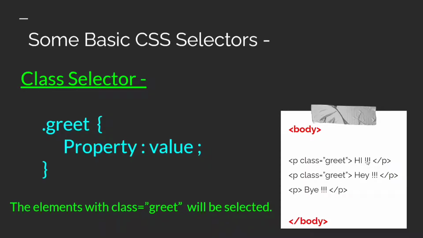So, for example, hi and hey will be affected by the style and not the p element, the last paragraph tag, because we have selected only those that have class greet. And as you can see, these two have class greet, so these two will be affected by this property.